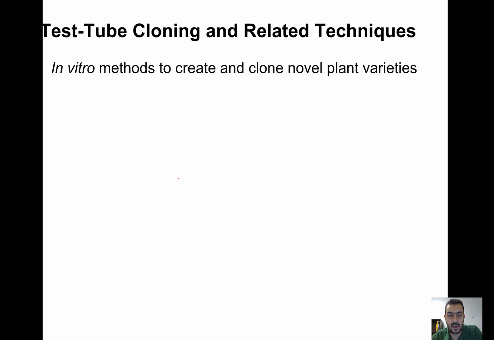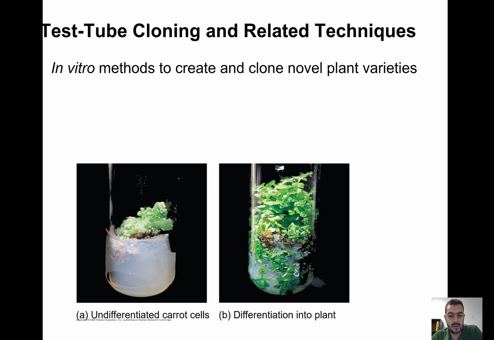Moving on, we will mention that you can even clone plants in the test tube, and this is done in vitro. You use this technique to create a clone or a copy of a novel plant variety. Here is an example: this figure shows undifferentiated carrot cells, and then after differentiation they have developed into a plant.